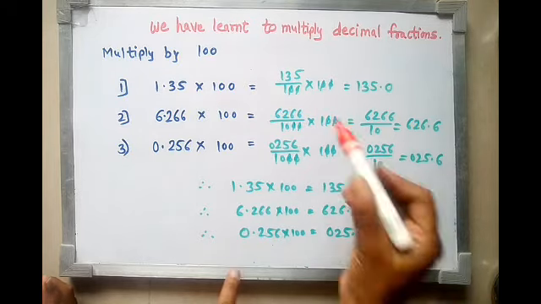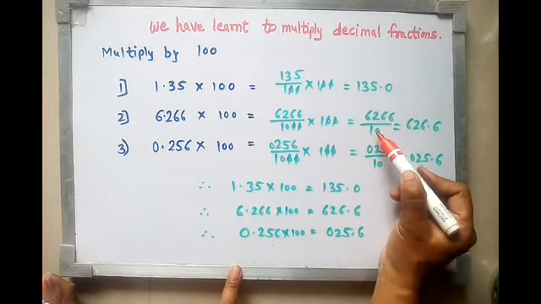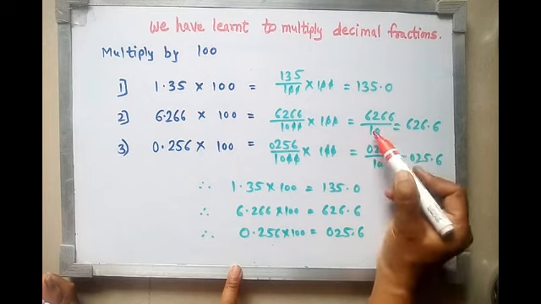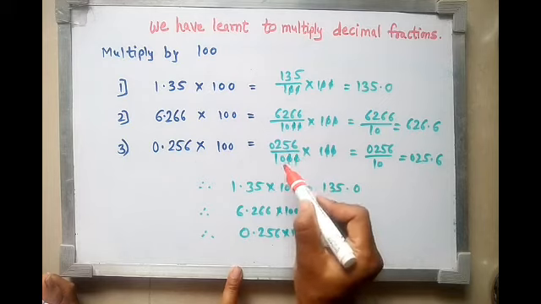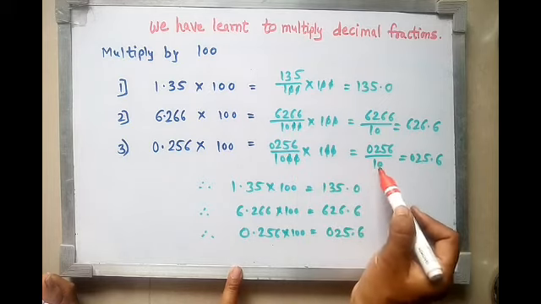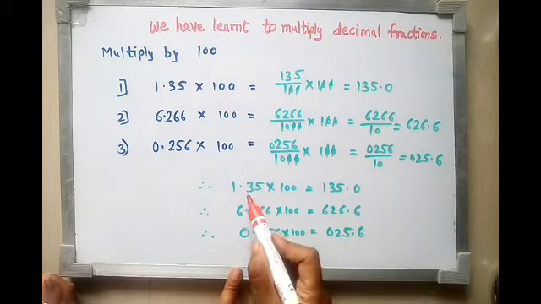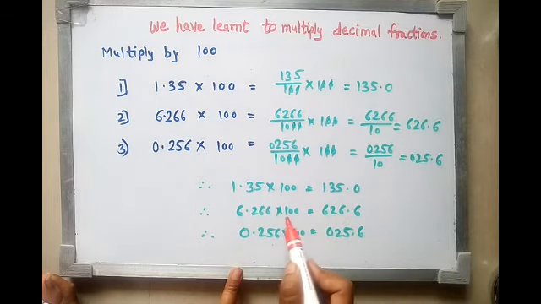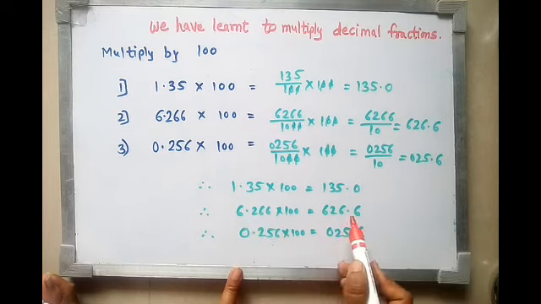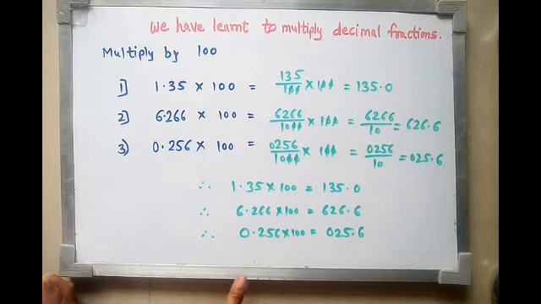In all these examples, the decimal point moves two places to the right side. 2.56 into 100, 256 upon 1000 into 100. 1.35 into 100, the decimal point moves two places. Here in all examples the decimal point moves two places to the right side.